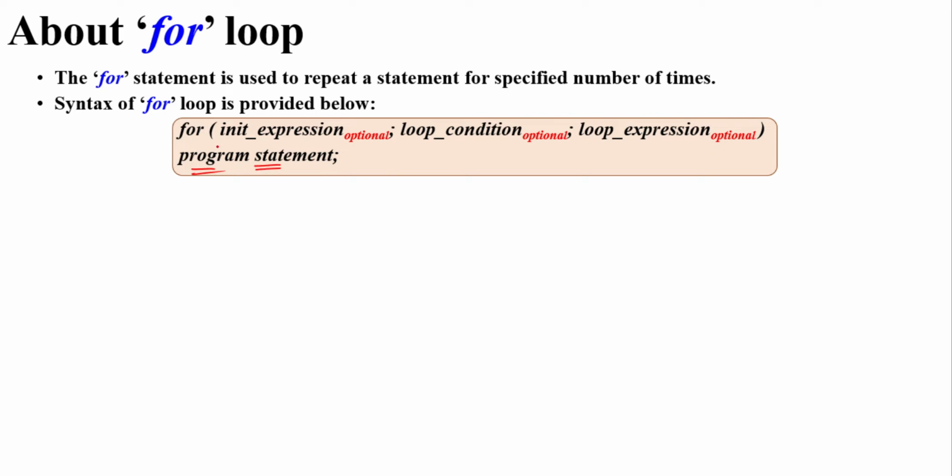So this is one way of writing the for loop, in which only one line will be repeated after the for loop.